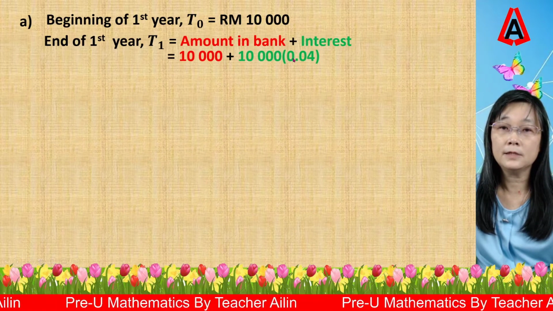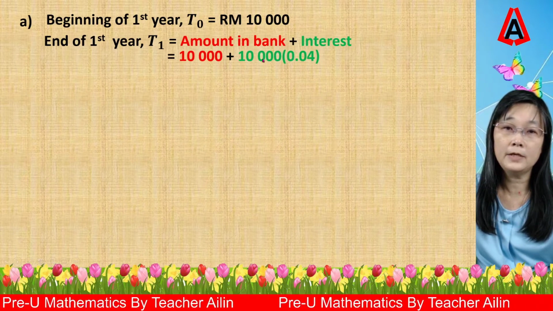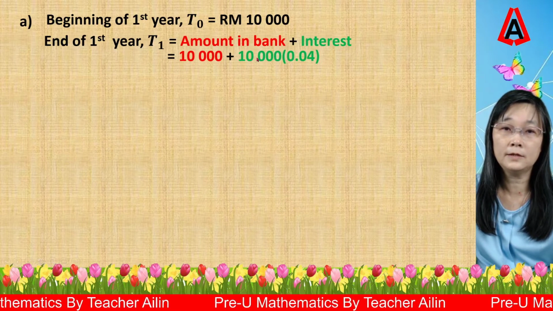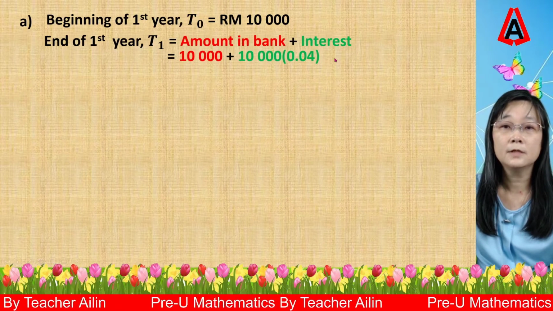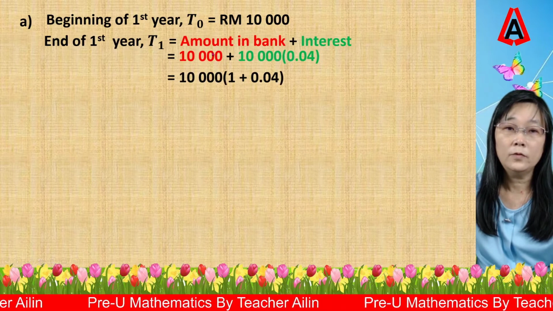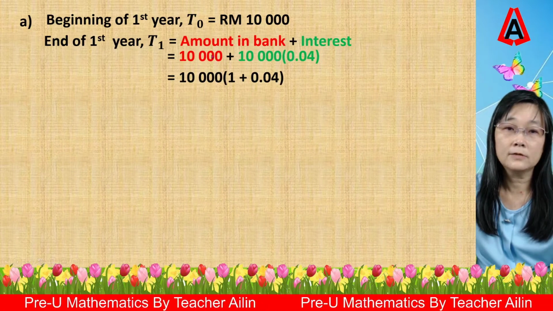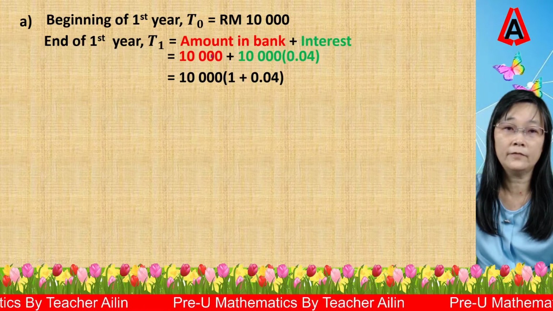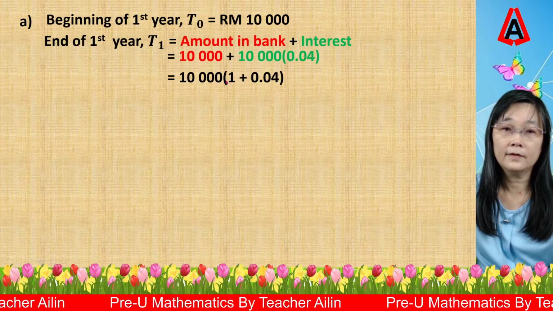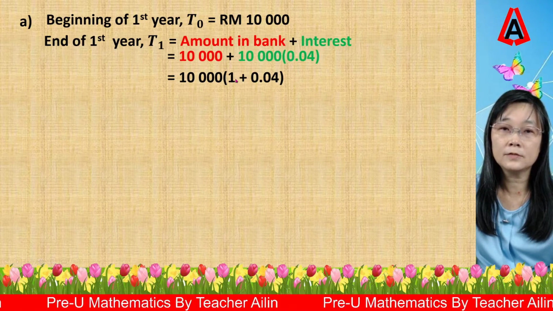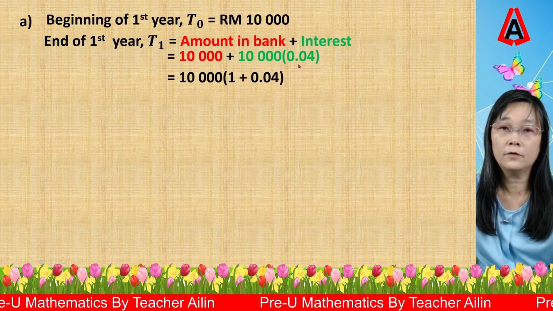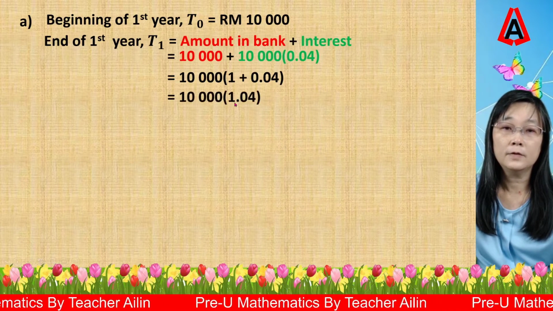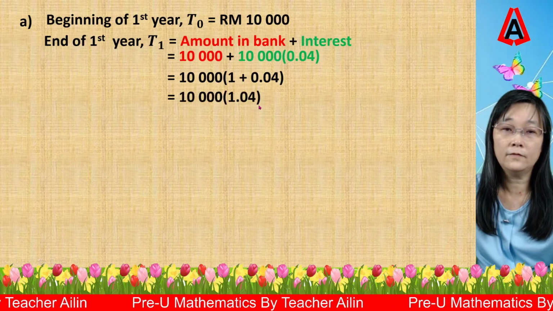The interest is 4% of the amount in the bank, that is 10,000. Now we factorize the 10,000 because it refers to the same amount of money. After factorizing, this is 1 plus 0.04, which becomes 1.04.